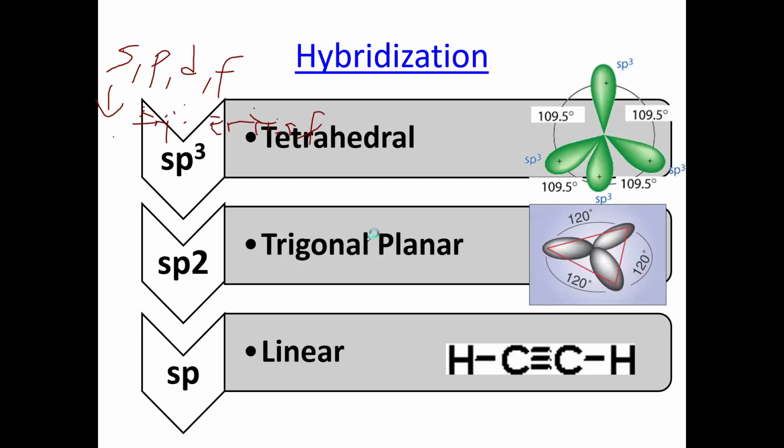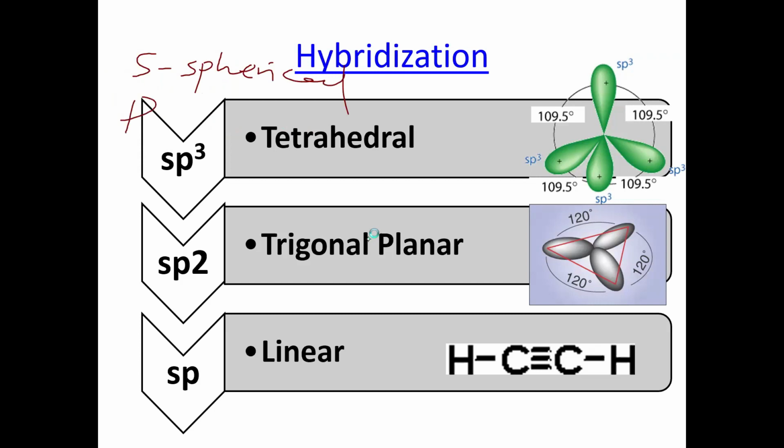And then we have p orbital. Spherical is something that appears like a circle, and then we have p orbital. P orbital is dumbbell shaped.